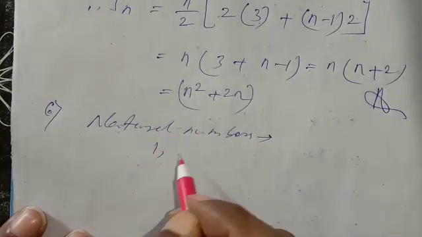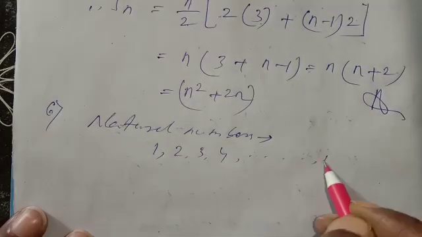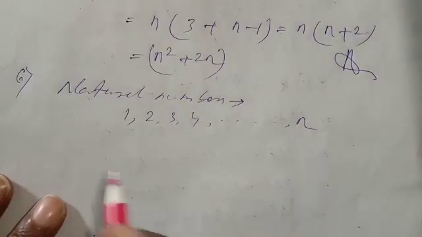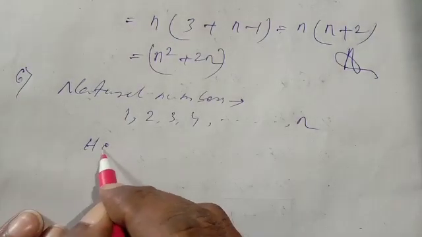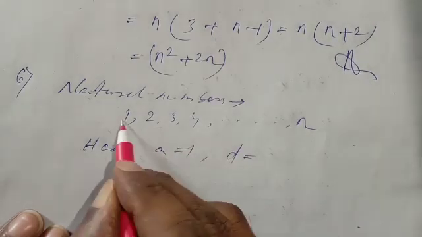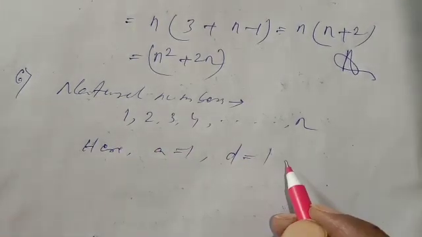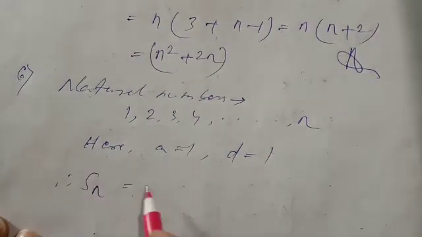Natural numbers start from 1, 2, 3, 4 up to n. There are n natural numbers. So here the first term a is equal to 1, the common difference is 1, and the number of terms is n. You have to find the sum of the first n natural numbers, Sn.